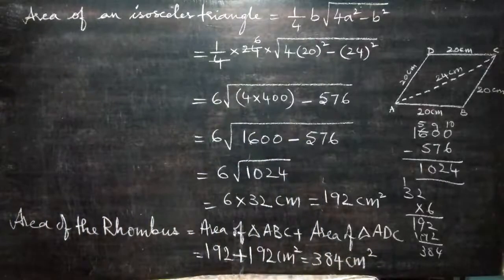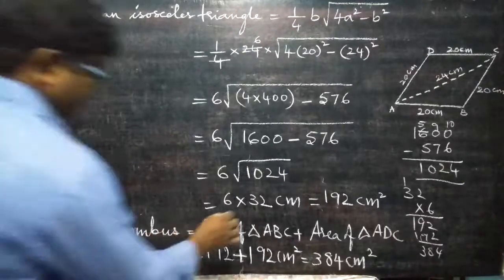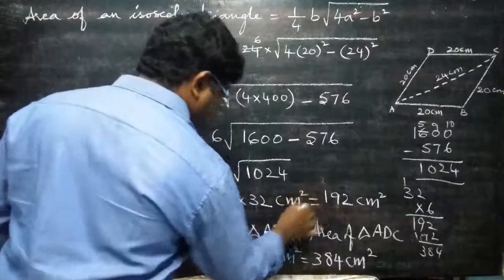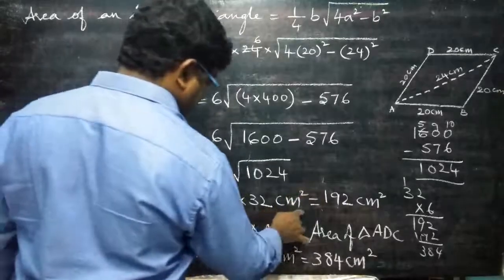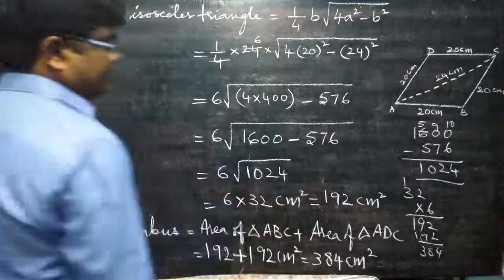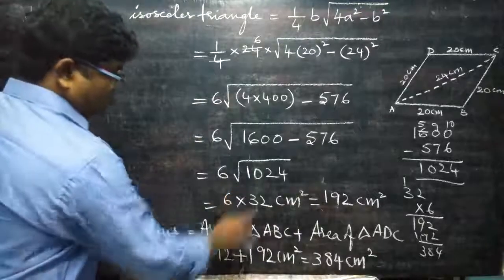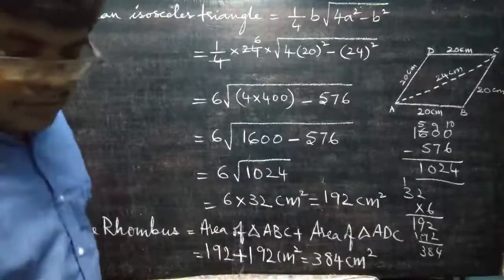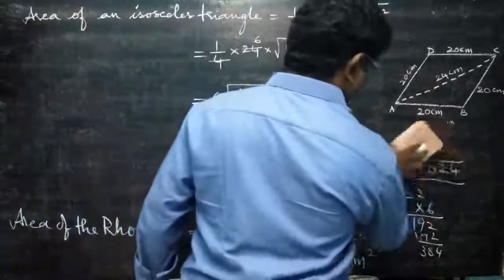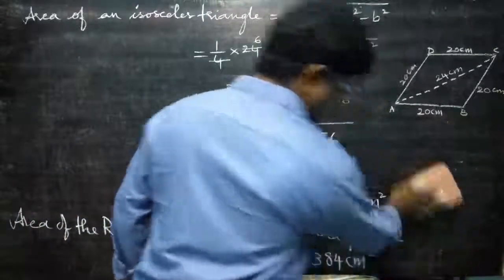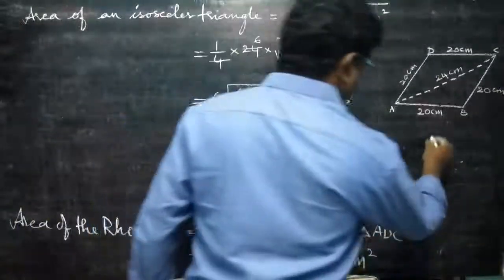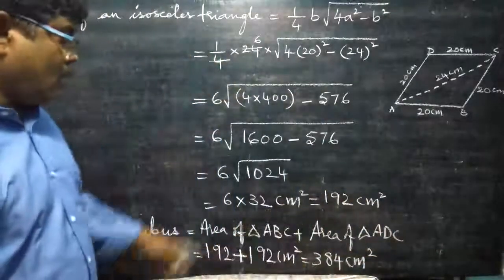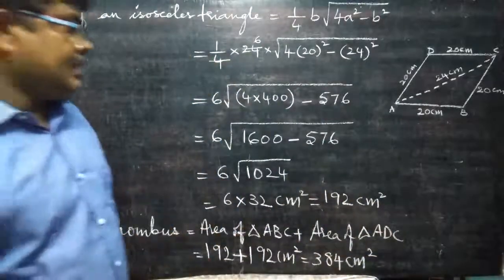What is the answer? Area of the rhombus is 384 centimeters square. Here centimeter into centimeter, centimeter square. And how to find square root of 1024, already you know how to find. Once again I will teach you that one. Either prime factor method you can do, or you can take division method.